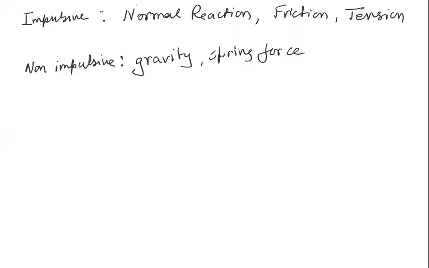Why can't spring force be impulsive? For spring force to be impulsive, the length of the spring must change very suddenly. And since the spring ends are connected to masses, for the length of the spring to change suddenly, the masses should move with unimaginable acceleration, very high acceleration.